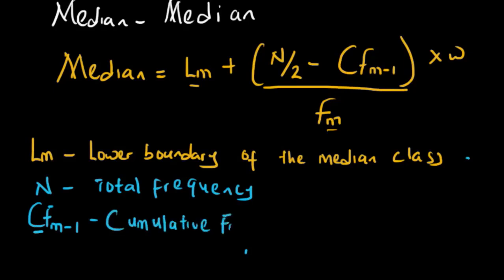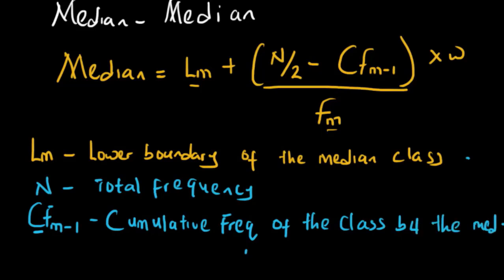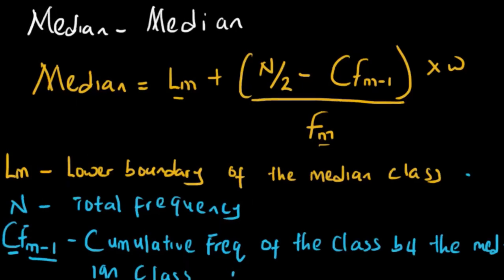cumulative frequency of the class before the median class. Okay, so that's why we have m minus 1, the class before the median class.